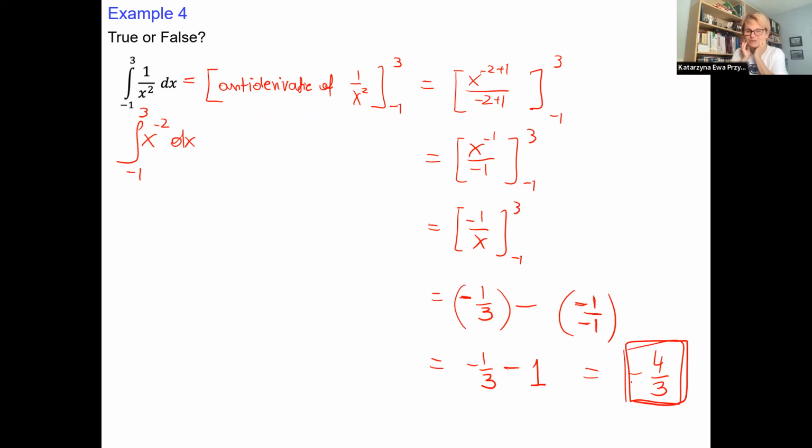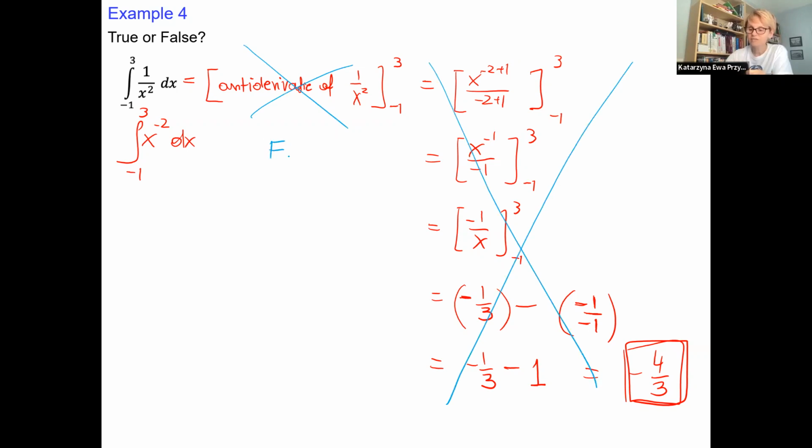I think I'm not even allowed to do it this way, but I did it. I will cross this out. We may use something else, but we will learn a little bit in calculus 2. At the moment, the Fundamental Theorem of Calculus, part 1, is not applicable. Why?